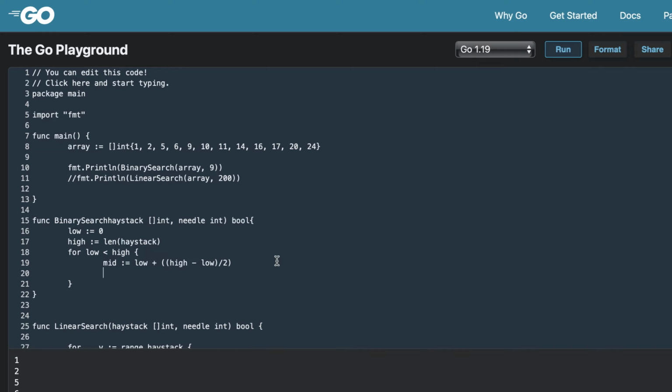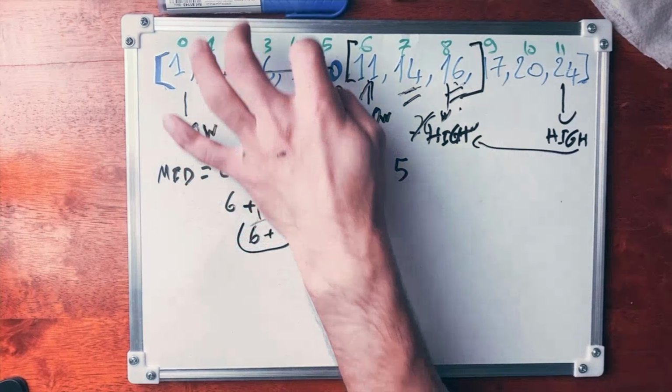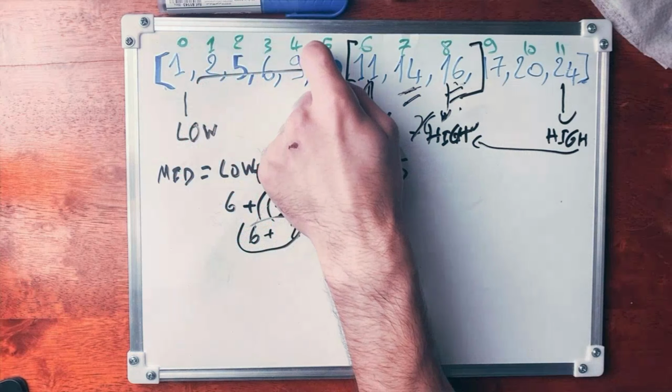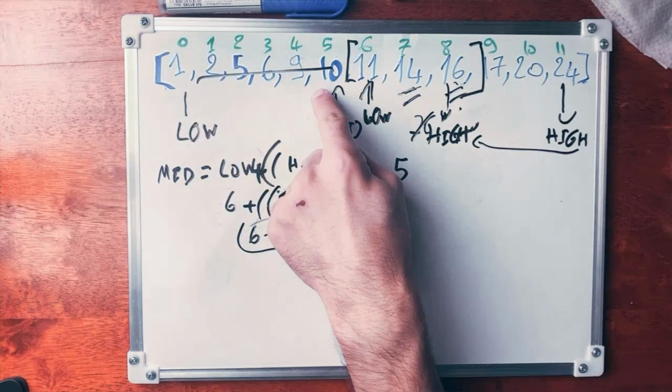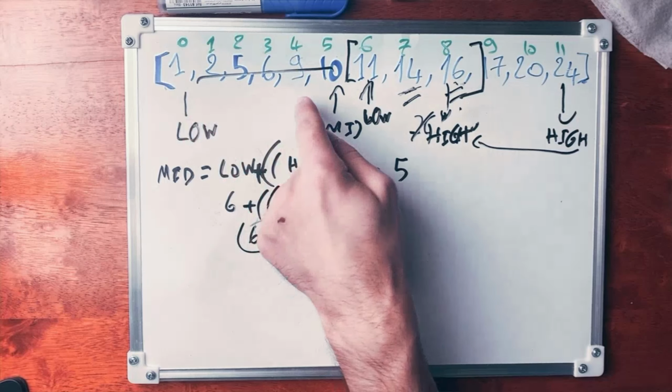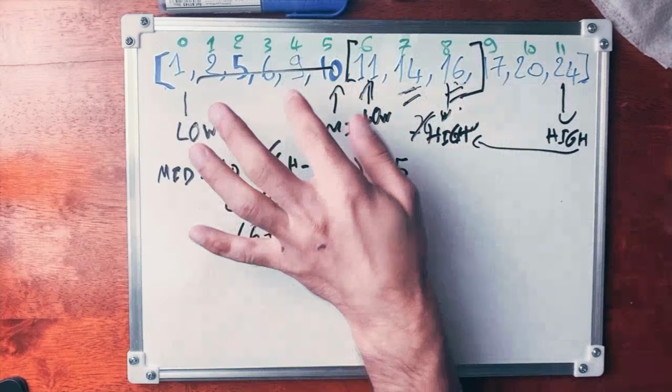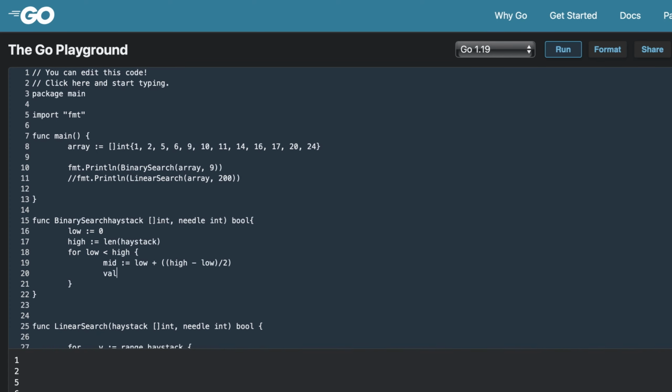Now let's say value, high stack, and then mid. Mid, like I said, is the index, and now we are getting the value.